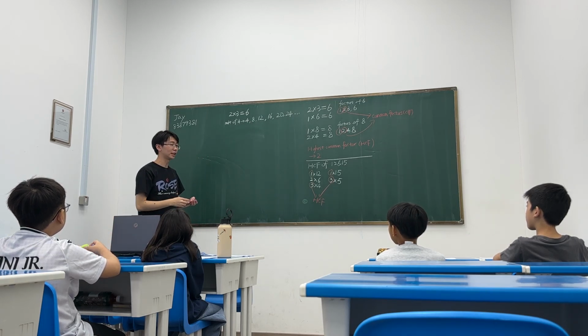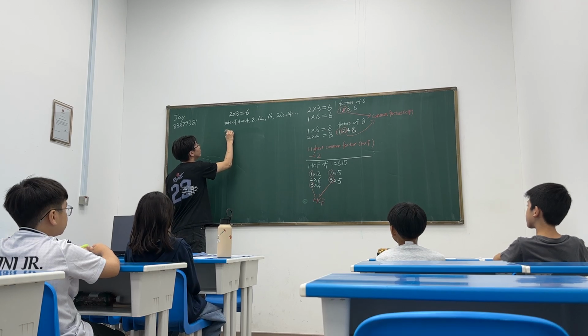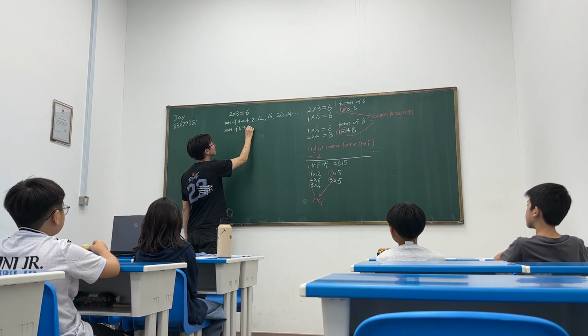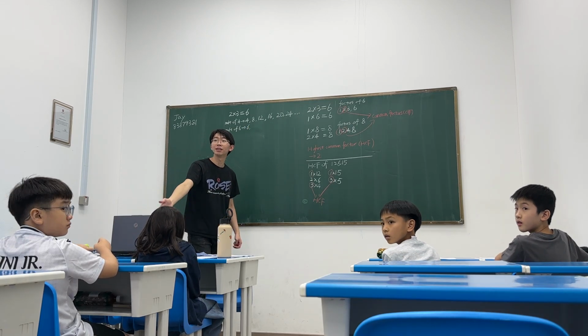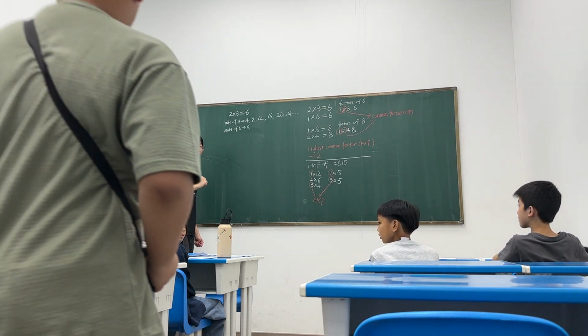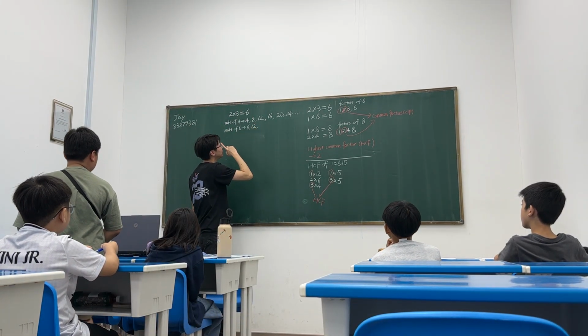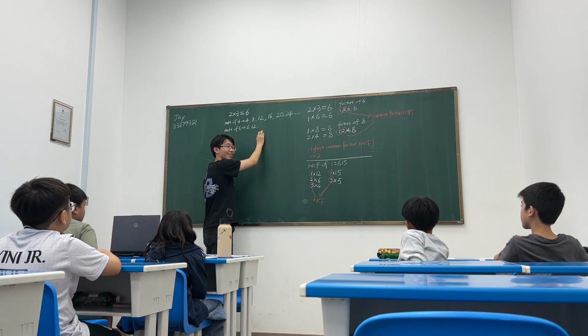Now, Jaden, can you tell me how to find out, let's say, the multiples of 6? 6 times 1 equals 6. How about 2 times 6? 12. Anything else? 18, excellent.